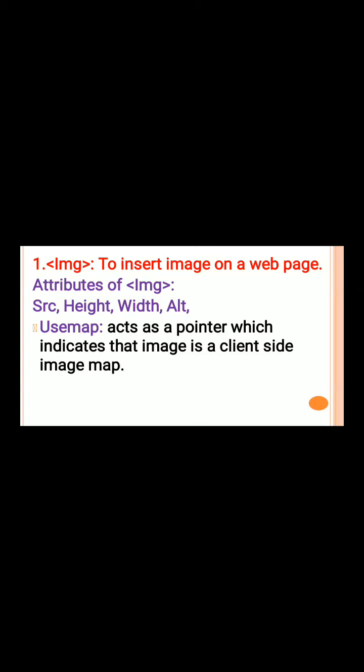And the most important attribute which we use for client-side image map is the usemap attribute, which is an attribute of img tag. Usemap acts as a pointer which indicates that the image is a client-side image map.